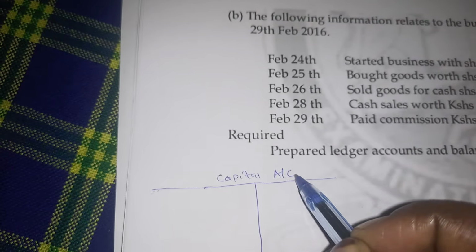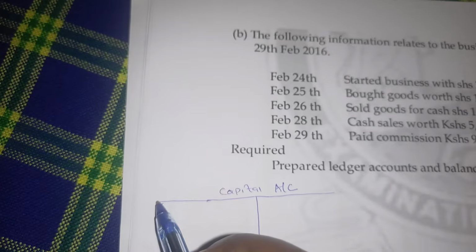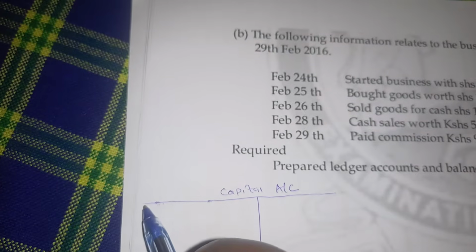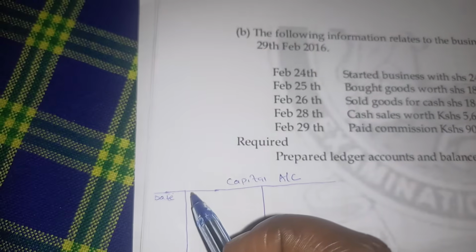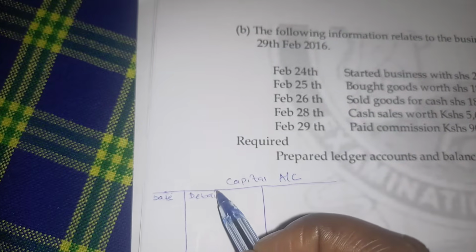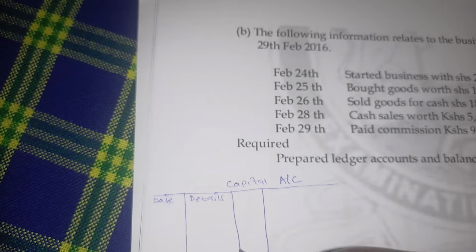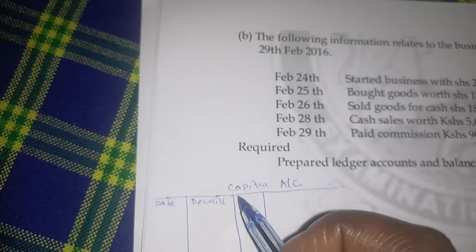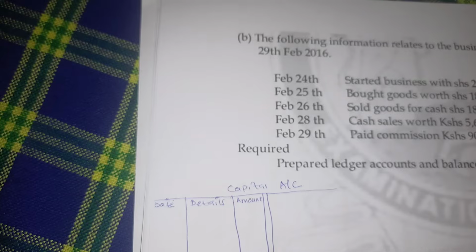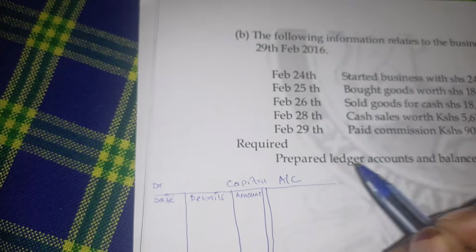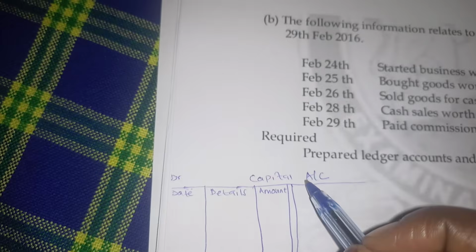So we need to have a column for date, details, and amount on both the debit and the credit side of this account.